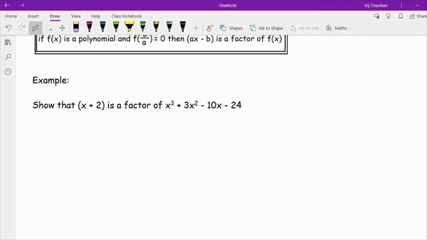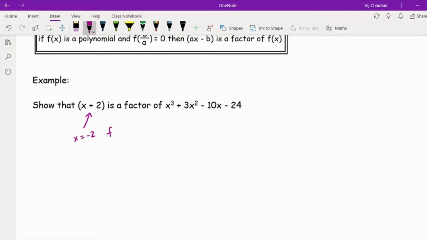In this first example, we're going to show that x plus 2 is a factor of x cubed plus 3x squared minus 10x minus 24. First find out what value we're going to substitute. To make this bracket equal to 0, x needs to equal minus 2.